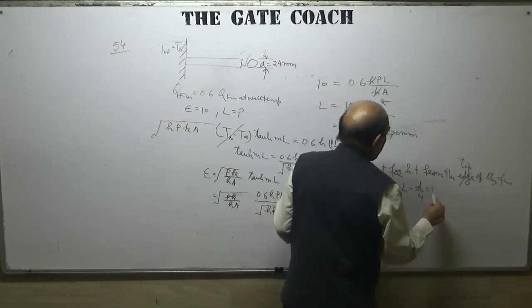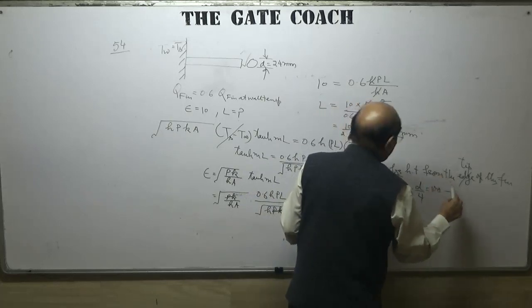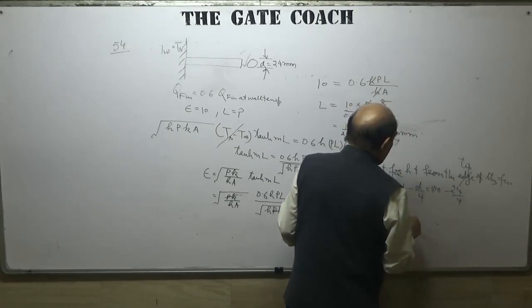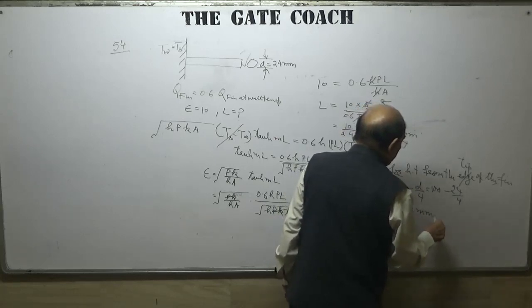L is 100 millimeter, d is 24 millimeter upon 4, 6. 100 minus 6, 94 millimeter.